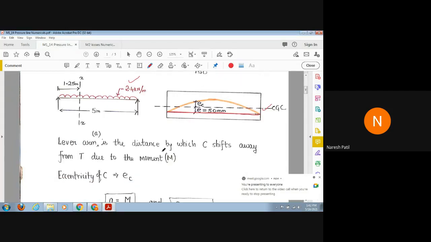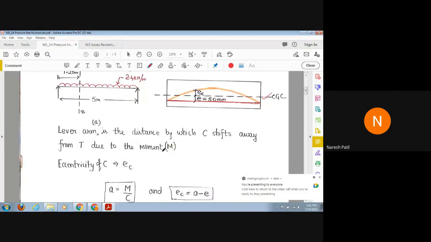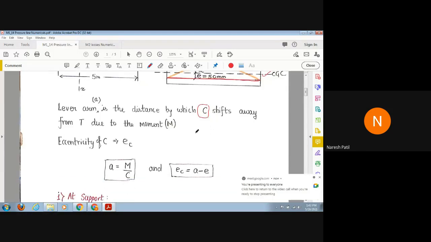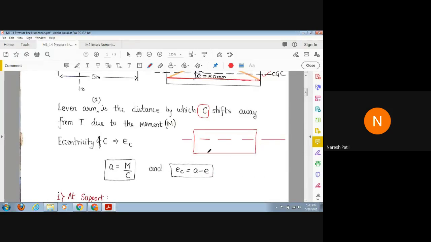Now you have to find out the lever arm. A is the distance by which the pressure line C shifts away from T due to the moment. So as I told you, we have the CGC, center of gravity of concrete, and a cable.